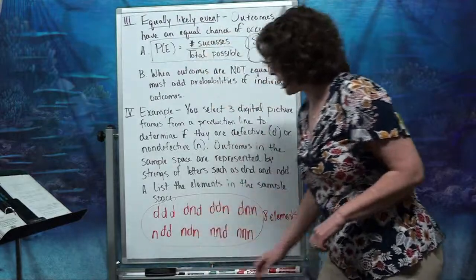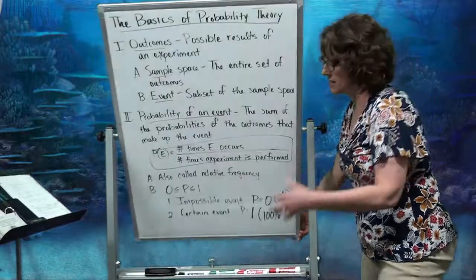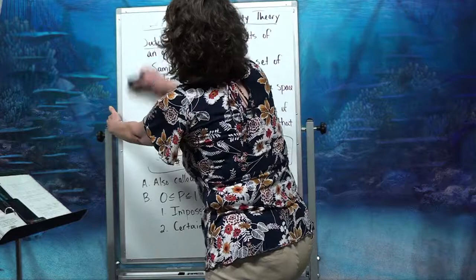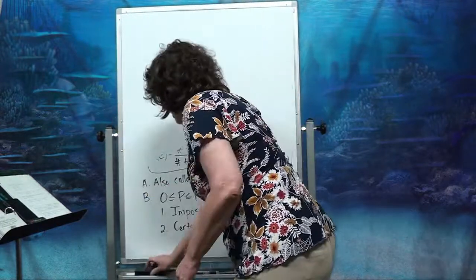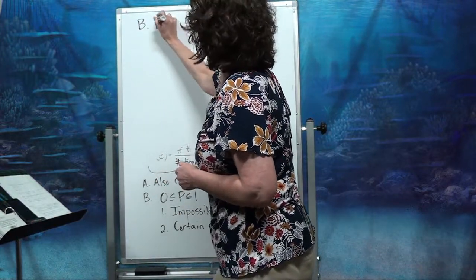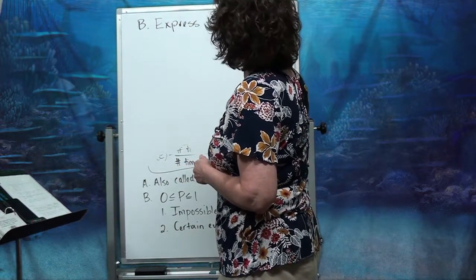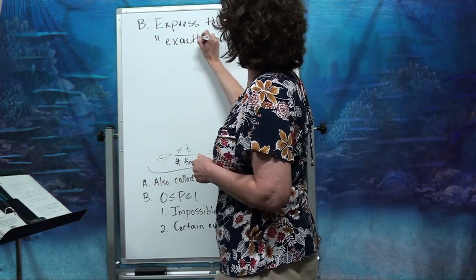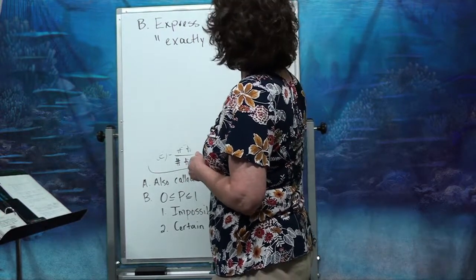So let's take a look at a situation now where we're going to take this idea and continue to run with it a little bit and see some of the things that could happen with it. Let's say in this example we want to express the event that we have exactly 1 frame is defective.